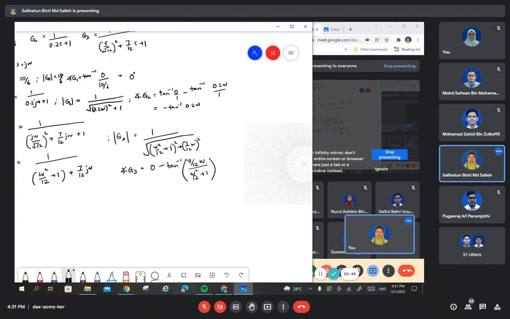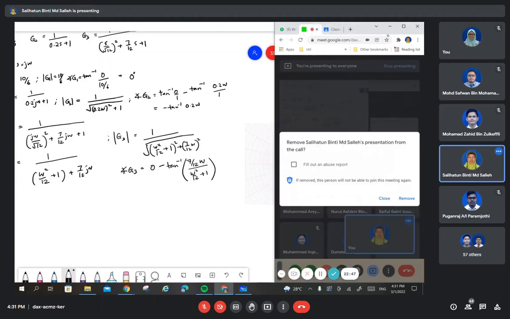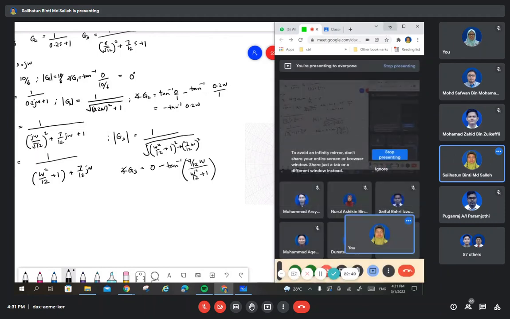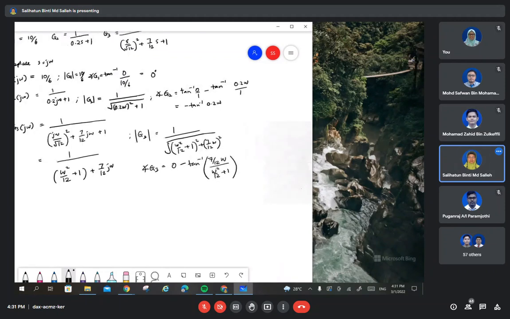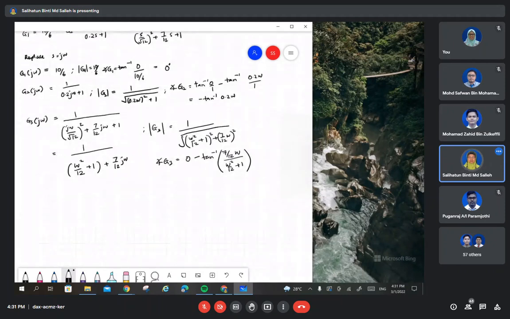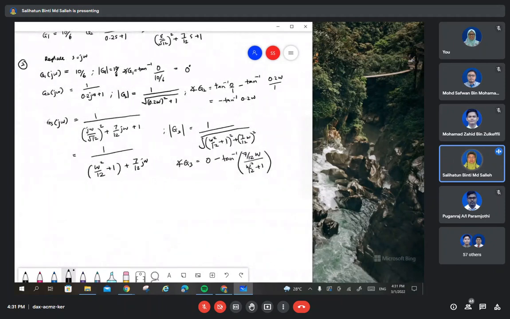After this, I will use a table, so we need to put it in the table. This is the second step.